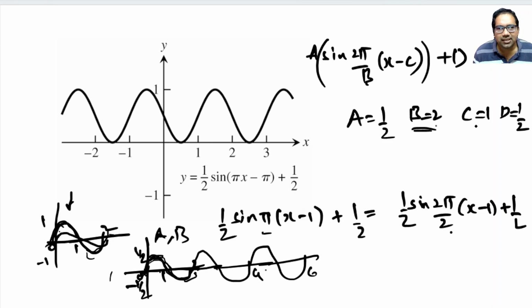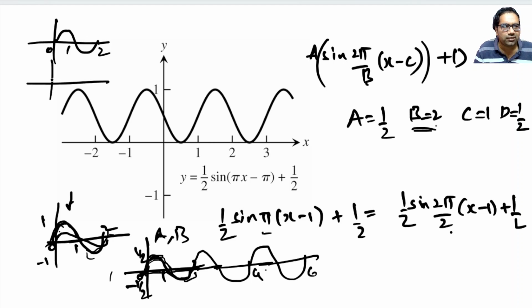Now what is C? C is 1. That means this graph is shifted 1 unit towards the right side. Okay, so here we have 0, 1 and 2. If this graph is shifted 1 unit towards the right side, this point will come here.